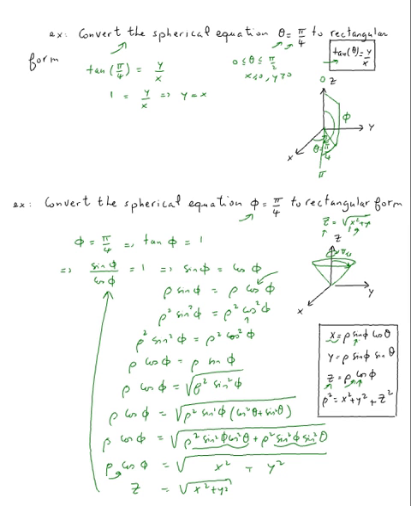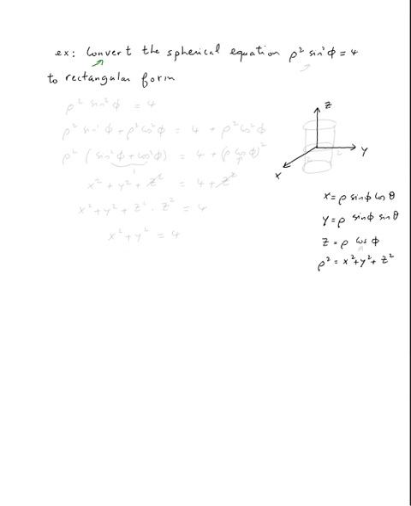Alright, next example. Convert the spherical equation rho squared sine squared phi equal 4 to rectangular. This is also a hard one. The only way to do this is to add rho squared cosine squared phi to both sides, and I'll tell you why.